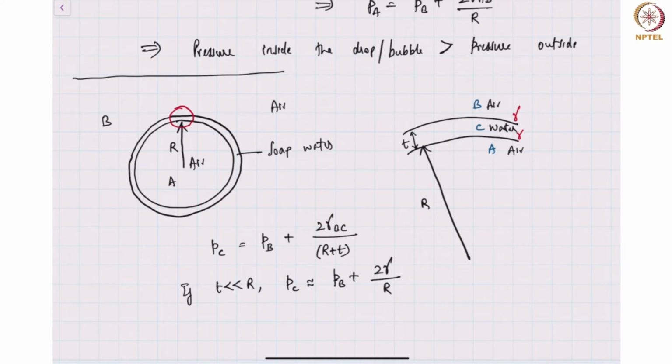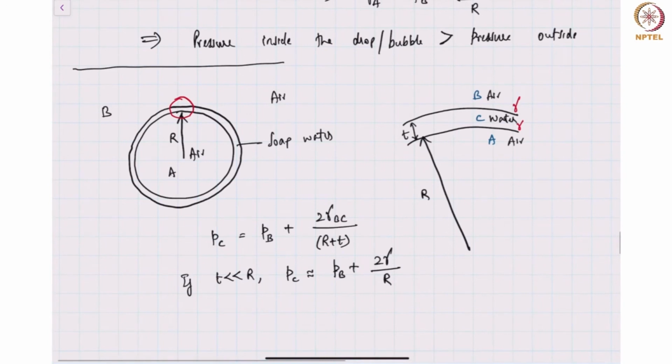I have removed the subscript BC because this is just surface tension gamma, and it's the same whether you're looking at an interface between fluids B and C or between fluids A and C. Similarly, the pressure inside A is now equal to PC plus 2 gamma by R, because there is again a curvature.